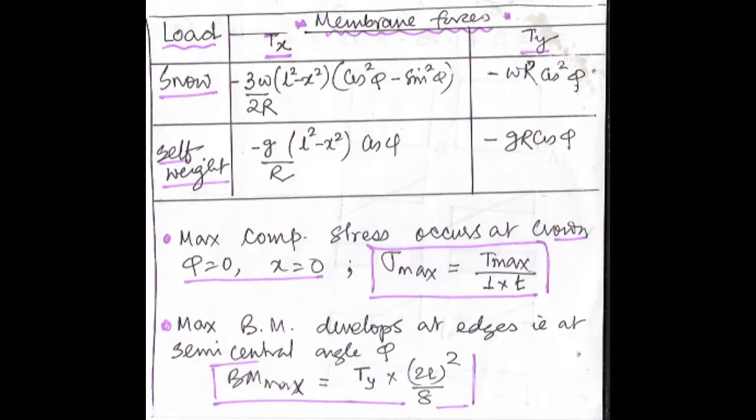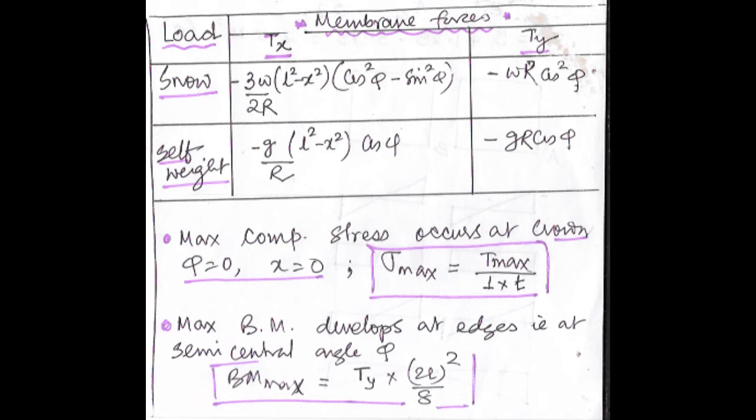Let us now note down the table. What is Tx and Ty I have explained. Now there can be two types of load. One is the snow load and the second one is due to the self weight of the shell structure. So membrane forces, as I have shown you earlier, Tx and Ty.